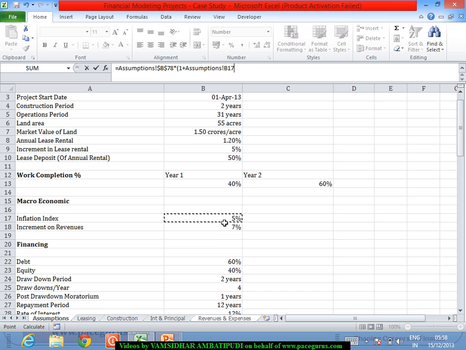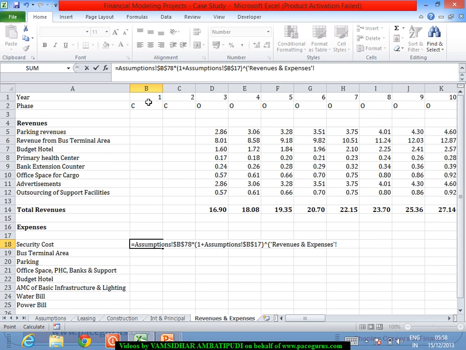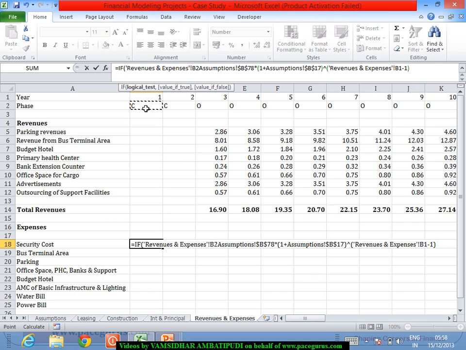So I'll multiply this with the inflation rate to the power of the year number minus 1. So I'll take this particular number minus 1. But this entire formula is applicable only when this is an operations period. So when this is equal to O, only then this entire formula is applicable. Otherwise, I may have to replace it with a blank.